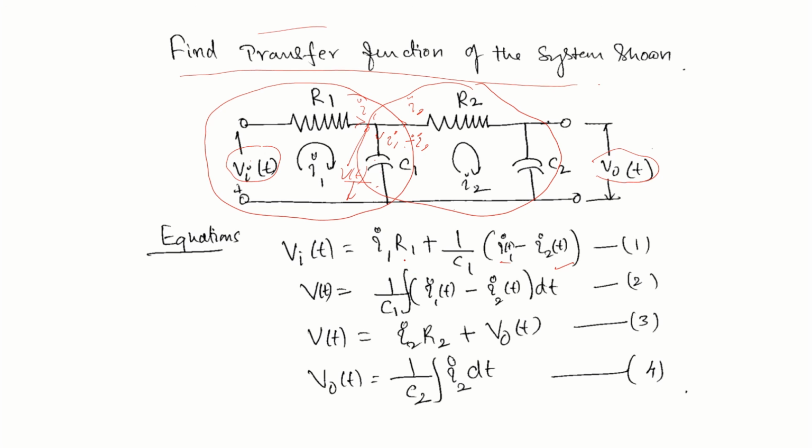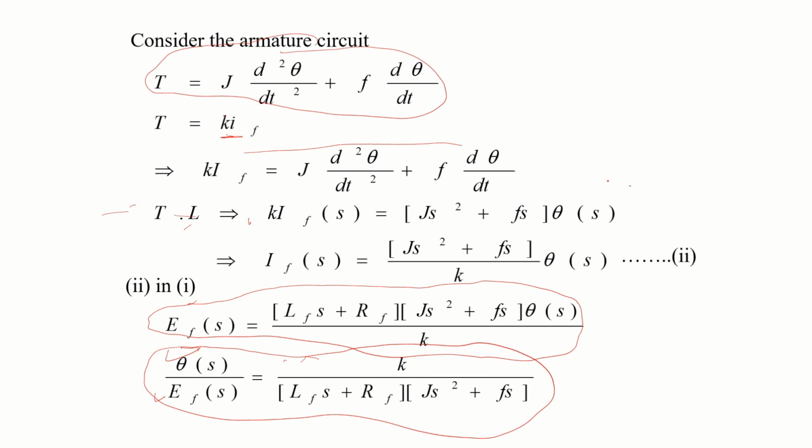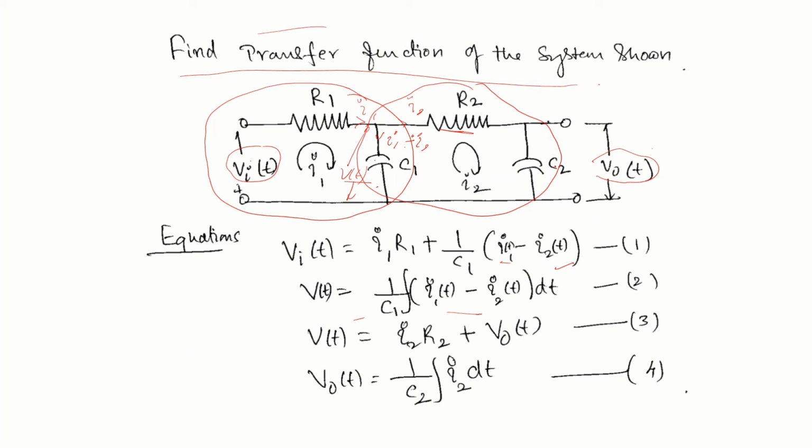This voltage V of t must be equal to 1 by C1 times this integral. V of t is also equal to I2 R2 plus V0, and V0 is nothing but the voltage drop across C2, so that is 1 by C2 integral of I2 dt. You have to get now V0 of s by Vi of s. Take Laplace of each equation, make appropriate substitution and finally get the equation.